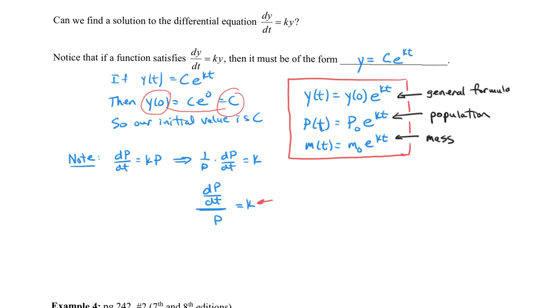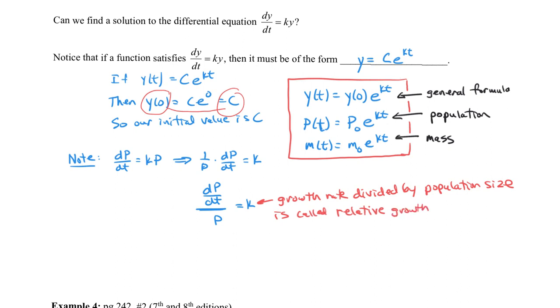So you can see this k is the growth rate divided by population size, right, because we've got the growth rate right here divided by the population size. And what that is called is the relative growth rate.